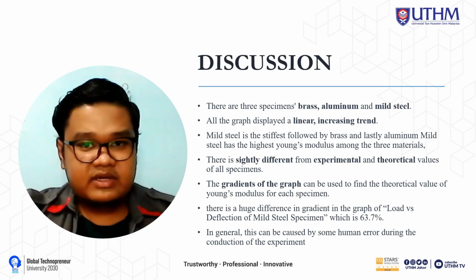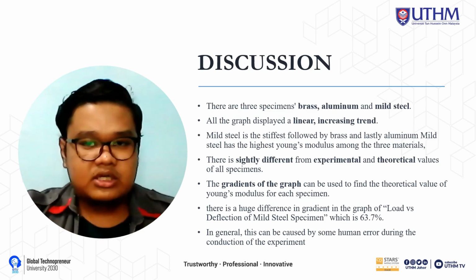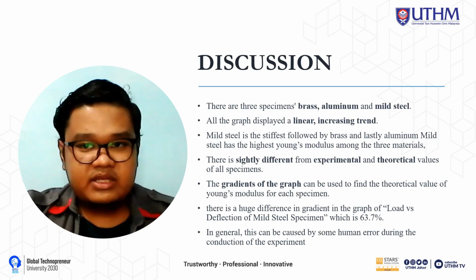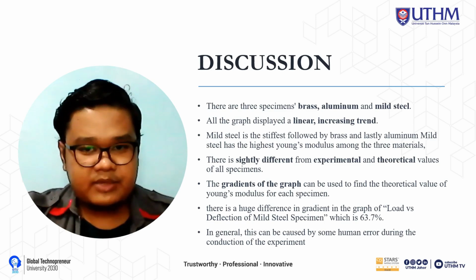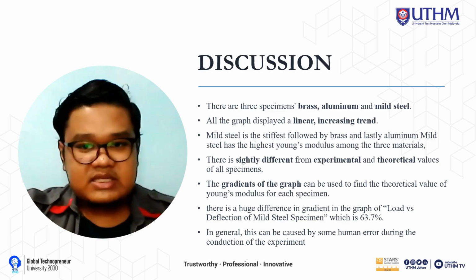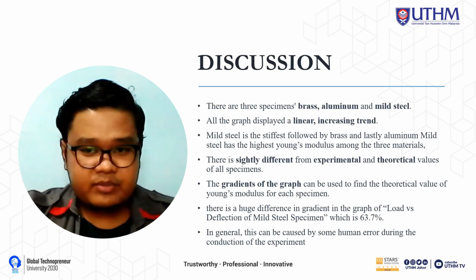The gradient of the graph can be used to find the theoretical value of Young's modulus for each specimen. It can be observed that there is a huge difference in gradient in the graph of load versus deflection for the mild steel specimen, which is 63.7%.